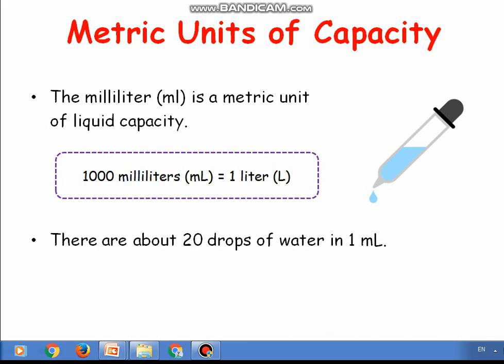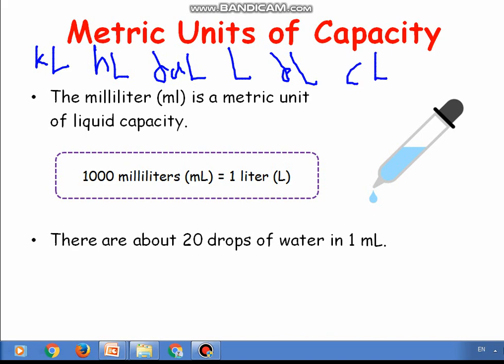Here we will use the kiloliter, hectoliter, decaliter, liter, deciliter, centiliter, milliliter. Instead of putting the meter, we are just putting the liter in all of them. And here we will stick only to the liter and the milliliter.